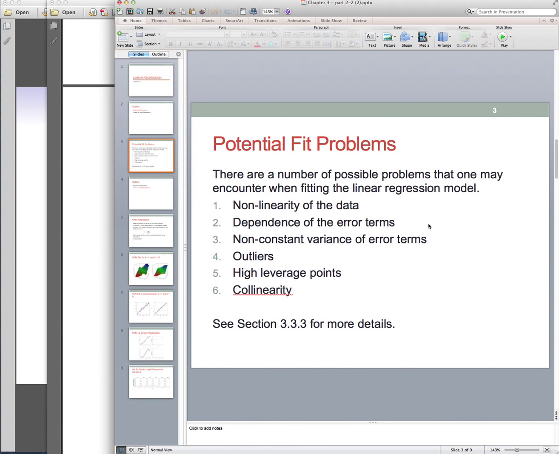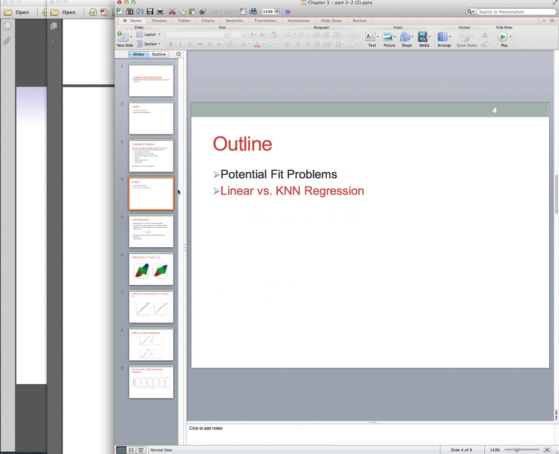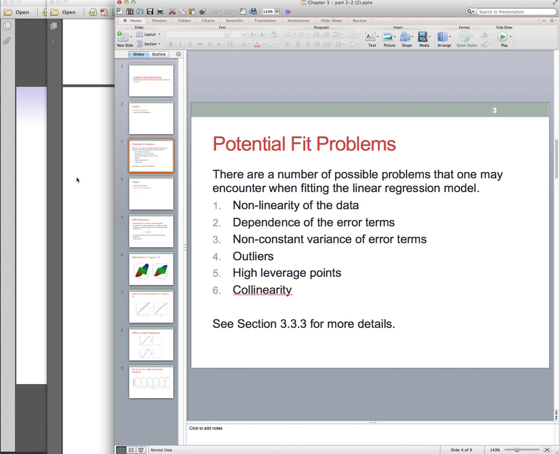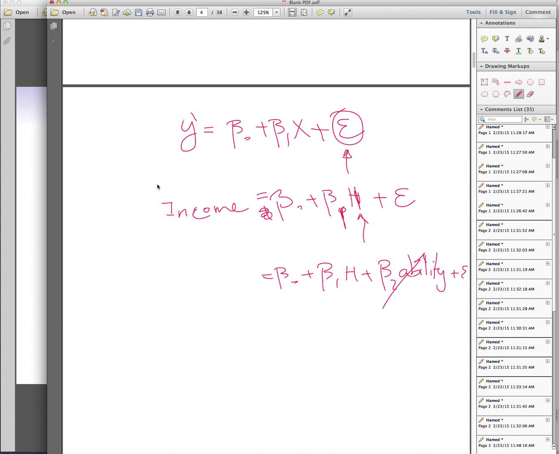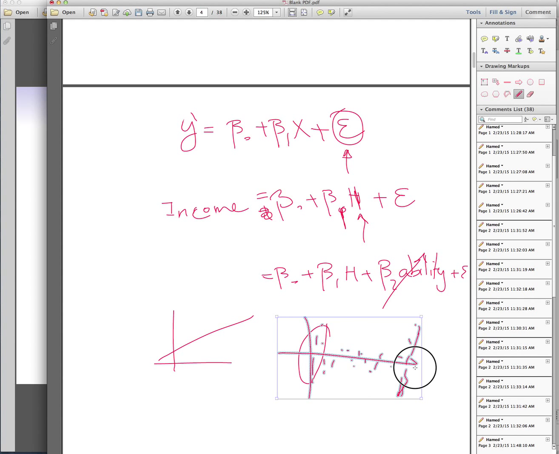The next one is non-constant variance of error terms. This case appears when you have a regression line like this, and when you look at the scatter plots of error terms, you see that they should be scattered around 0, but the variance of it depends on the value of x.